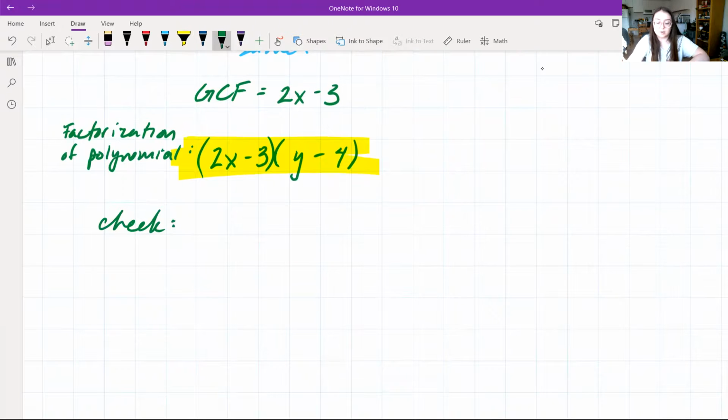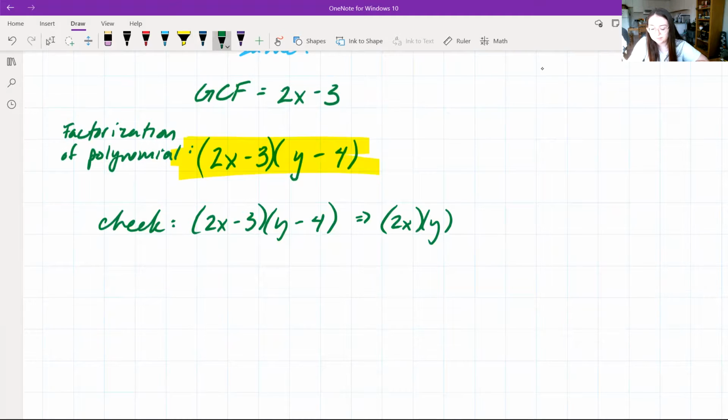So to check and make sure these are correct, we're just going to FOIL. So 2x minus 3 times y minus 4. When we FOIL this expression, we multiply our first terms, so we have 2x times y, multiply our outer terms, so plus 2x times -4. Then our inner terms, -3 times y, and lastly our last terms, -3 times -4.